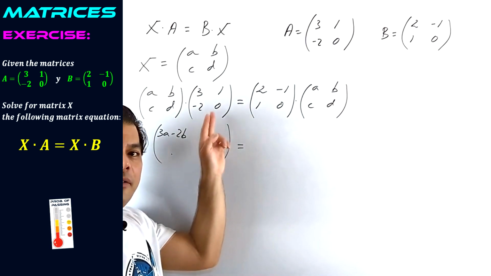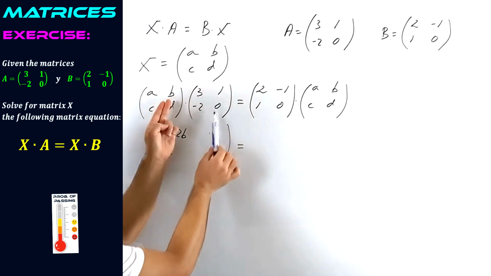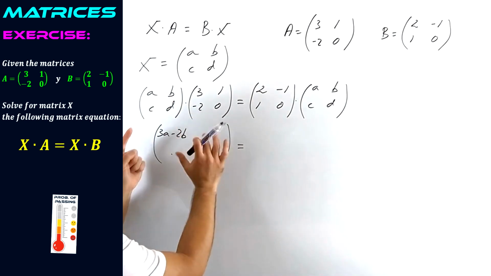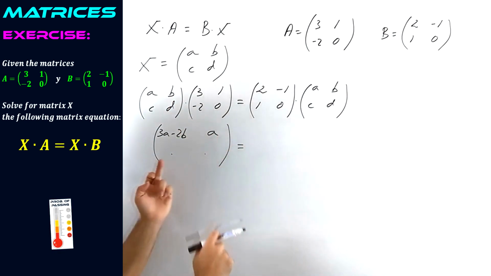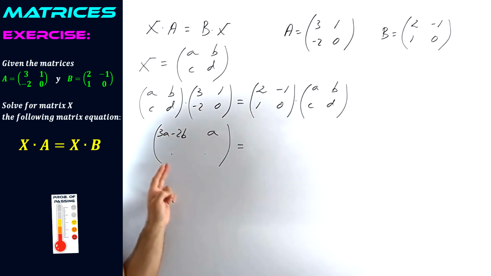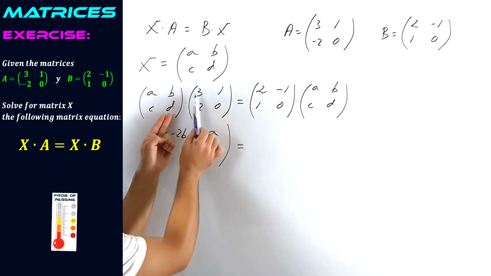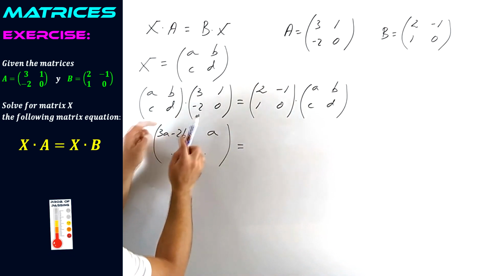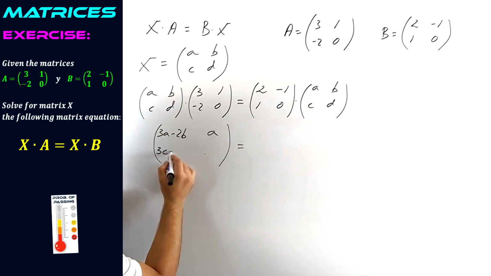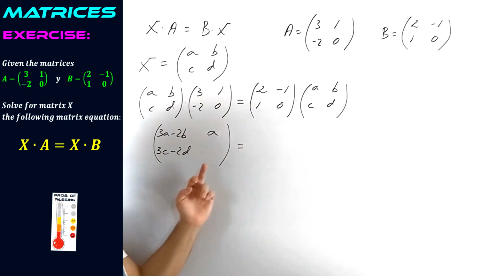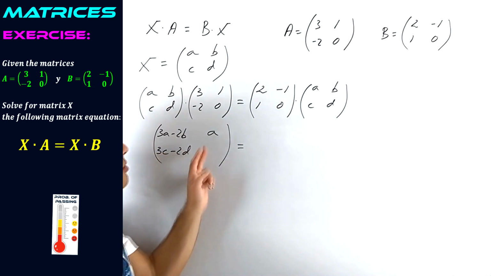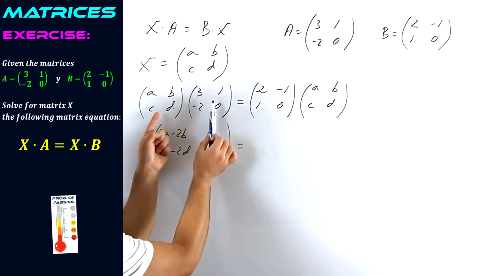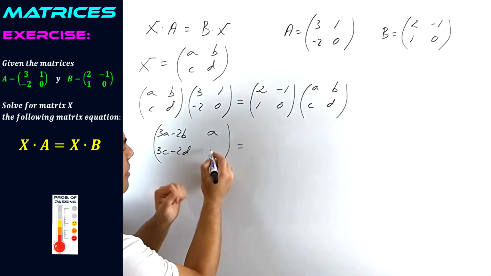Now position 1, 2, row 1, column 2: A times 1, A, and 0, A. Now position 2, 1, row 2, column 1: 3C minus 2D. And finally, position 2, 2, row 2, column 2: that is C plus 0, C.